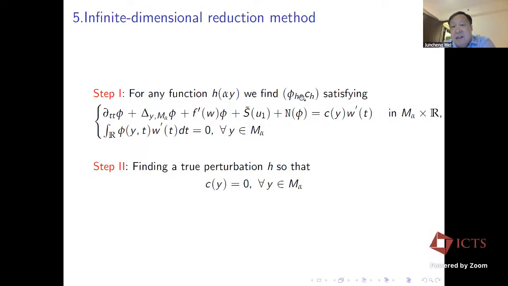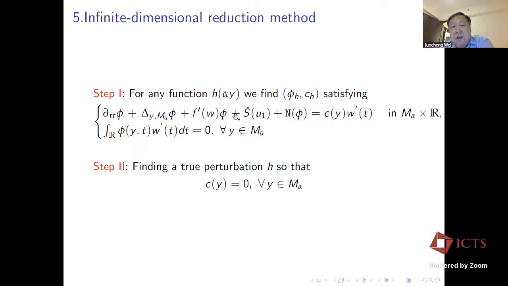We can find two functions, phi h and c h, satisfying the following. The inner problem can be solved up to a Lagrange multiplier, but this Lagrange multiplier is a function on the surface, c of y times w prime. This is a functional.